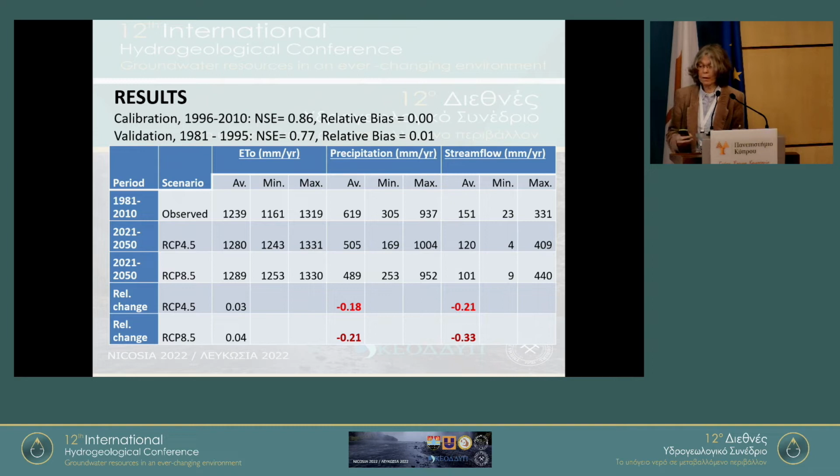But we see that this signal, the decrease in rainfall, becomes much worse for stream flow. Here we see a 20% decrease in stream flow for RCP 4.5 and 33% for RCP 8.5, so we go from a 21% reduction in rainfall to a 33% reduction in stream flow over the watershed, already in the near future of 2020 to 2050.